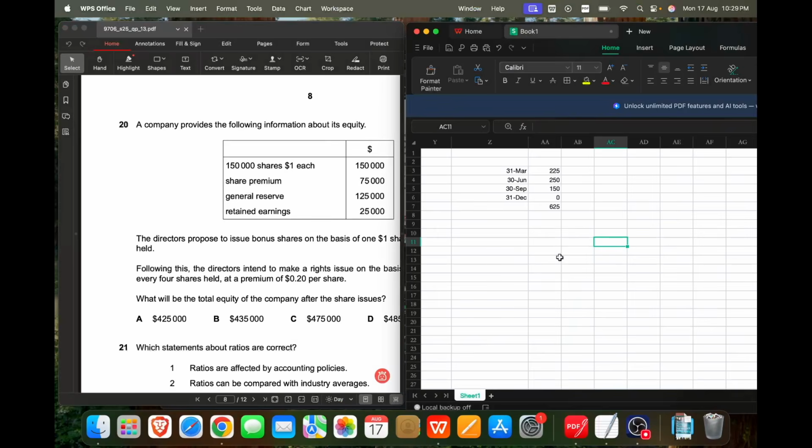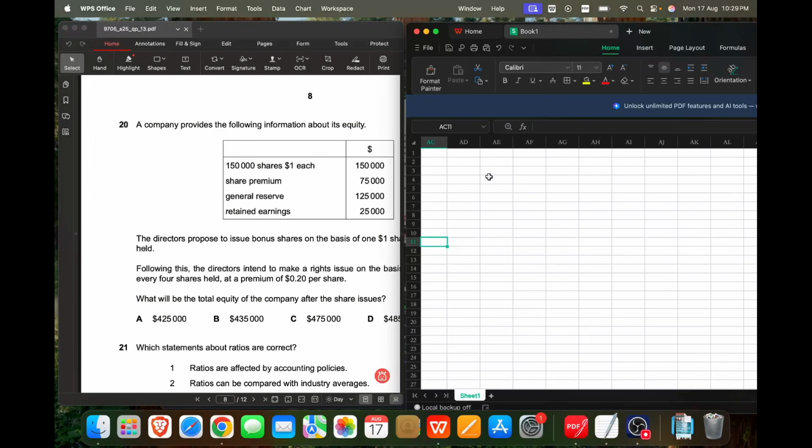Very simple. There are two things happening. First let's look at the shares. So this is our ordinary shares, 150,000. Then we have share premium, that is 75,000.